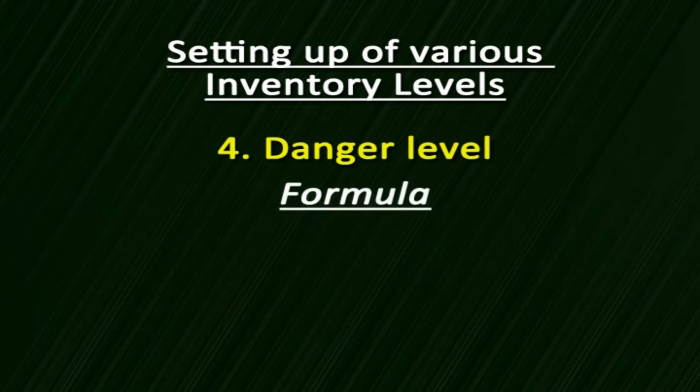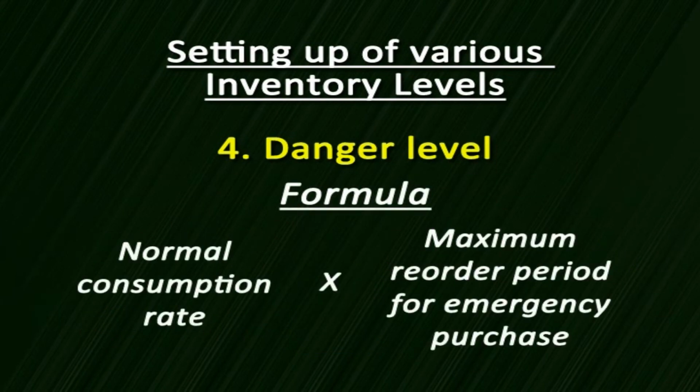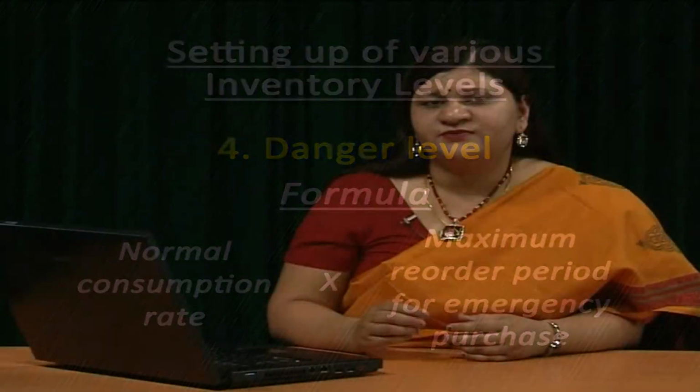Let's see the formula for computation of danger level. It is normal consumption rate into maximum reorder period for emergency purchase. Such period generally is lower than the normal lead time.